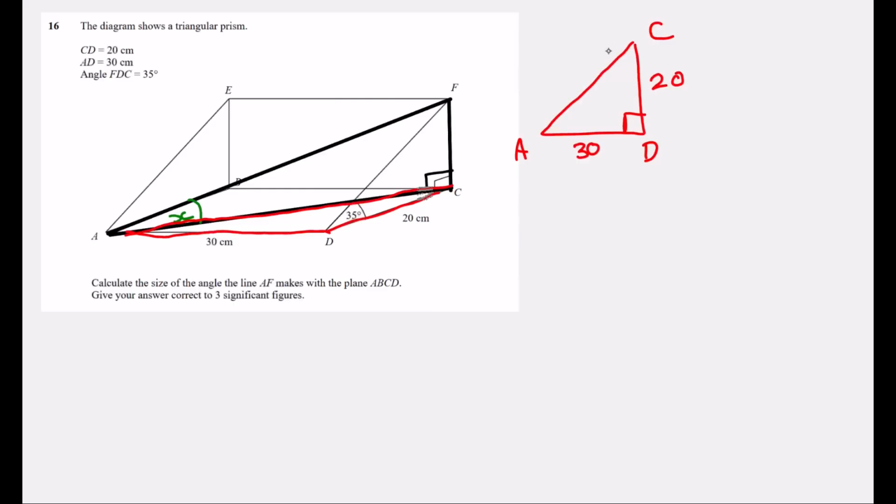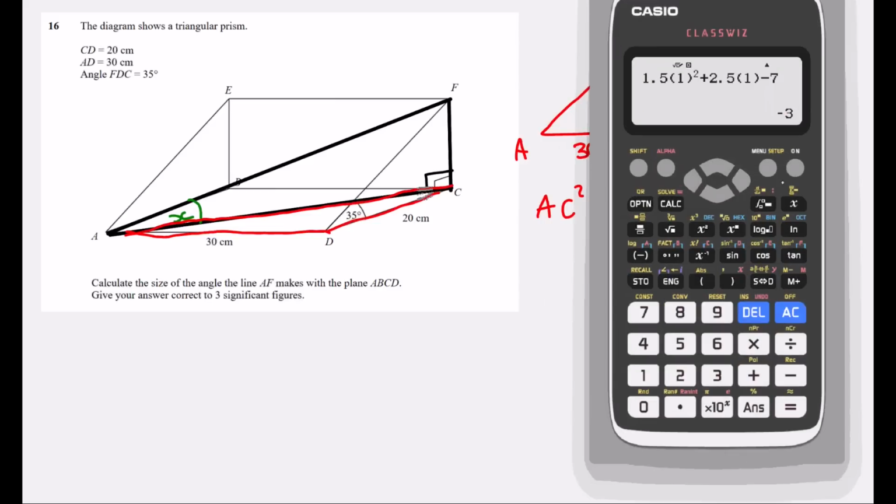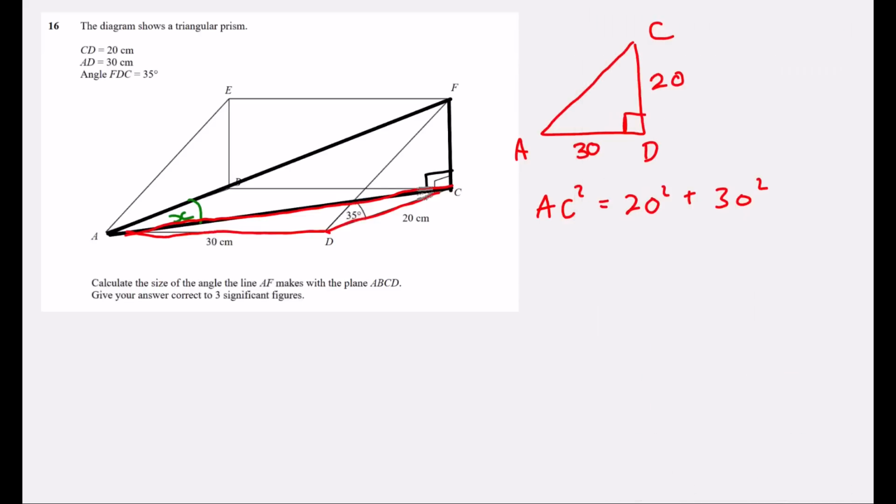So we can find the hypotenuse. AC squared is 20 squared plus 30 squared. So Pythagoras' theorem, 20 squared plus 30 squared is 1,300. Square root the answer, 10 root 13. And we can just leave it as 10 square root 13. So that's AC, we know that.